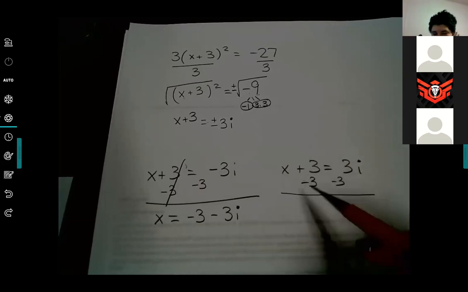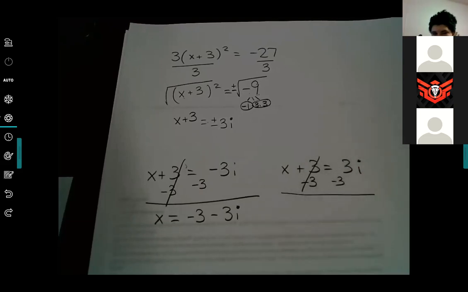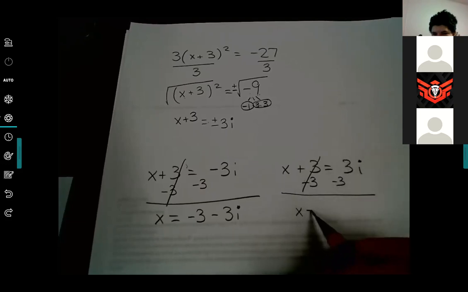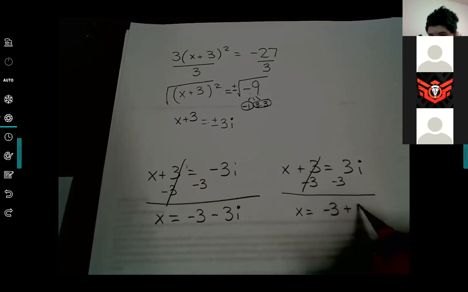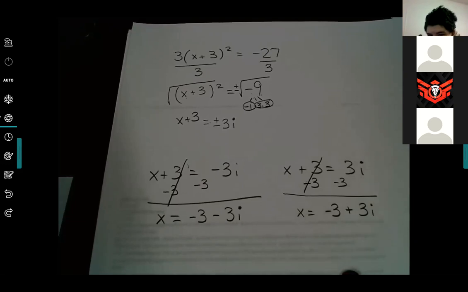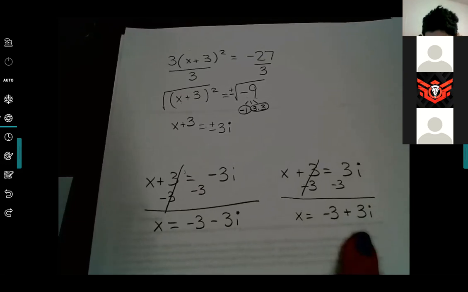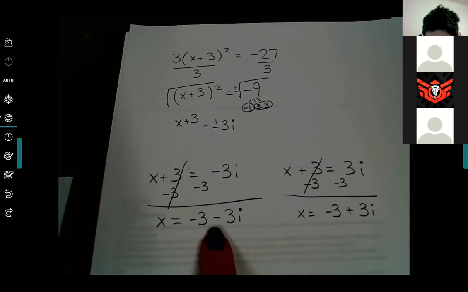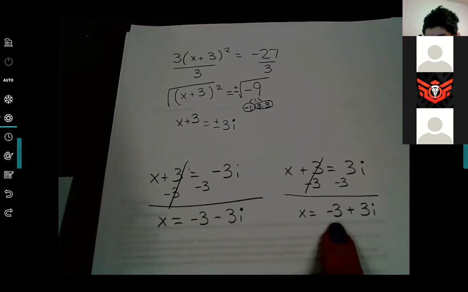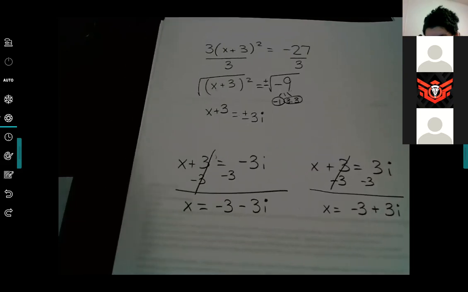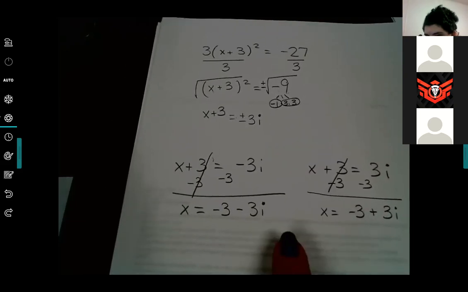They are not like terms. So that's how you write your answer. You can't add those 2 together and get a 6 because that one doesn't have an i and that one does. You can't add them together and get a 0 because that one doesn't have an i and that one does. Any questions about that?